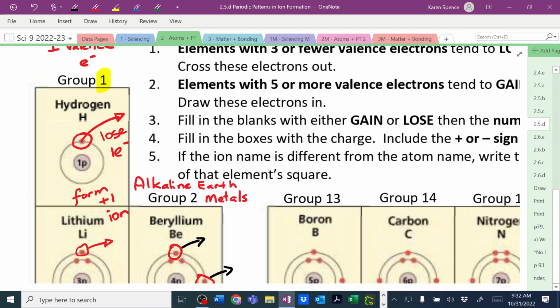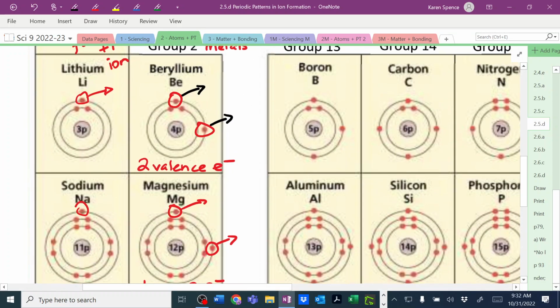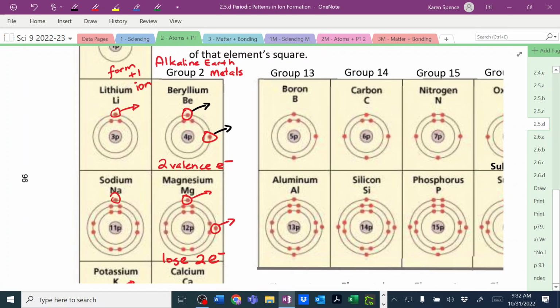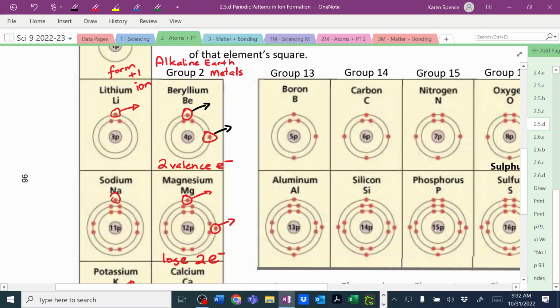So group 1 ions are always +1. Group 2 ions are always +2. And then what about group 13? We've skipped a whole bunch, but we've gone over to group 13. How many valence electrons in group 13? 3. 1, 2, 3 valence electrons.